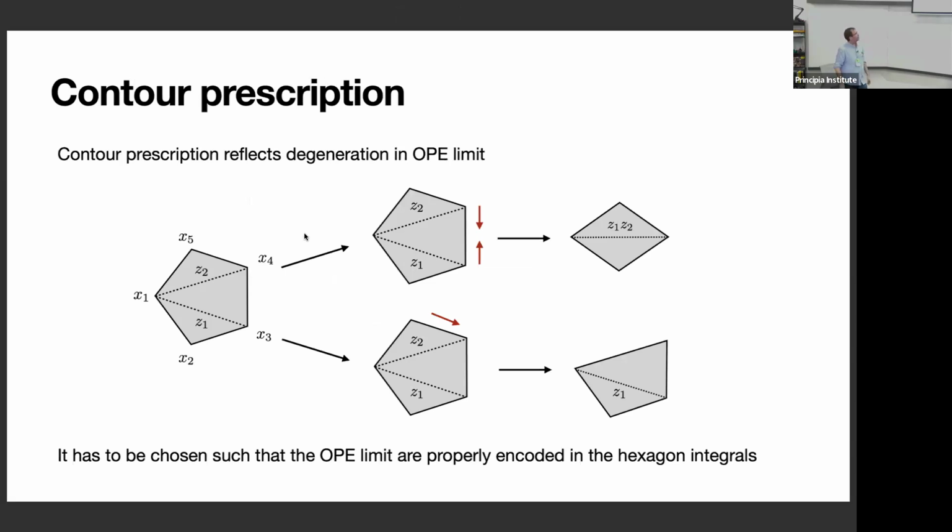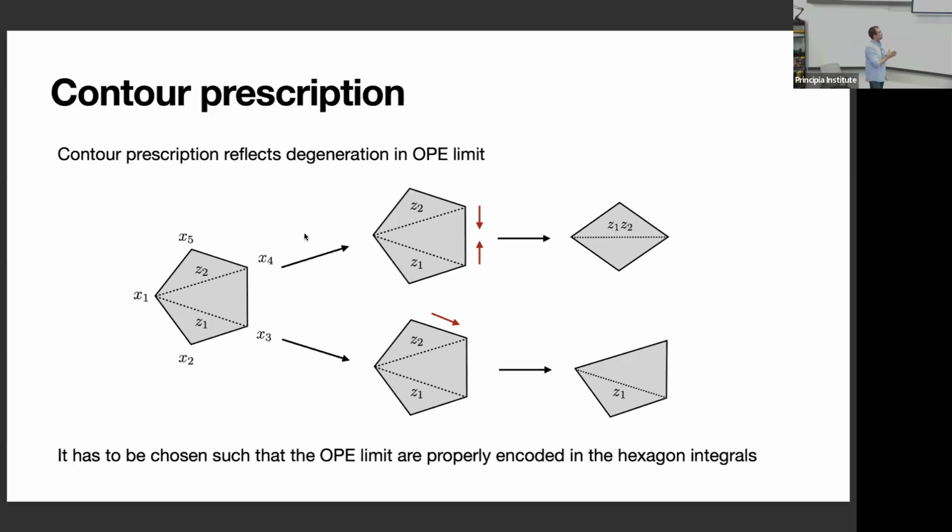This is a picture which is meant to show it for the two-cut case, just showing that there are different ways we can scale our variables to go from a 5- to a 4-point function, and depending on how we do it, we will essentially kill a cut entirely, or we will fuse them, and the choice of prescription has to reflect these two options.